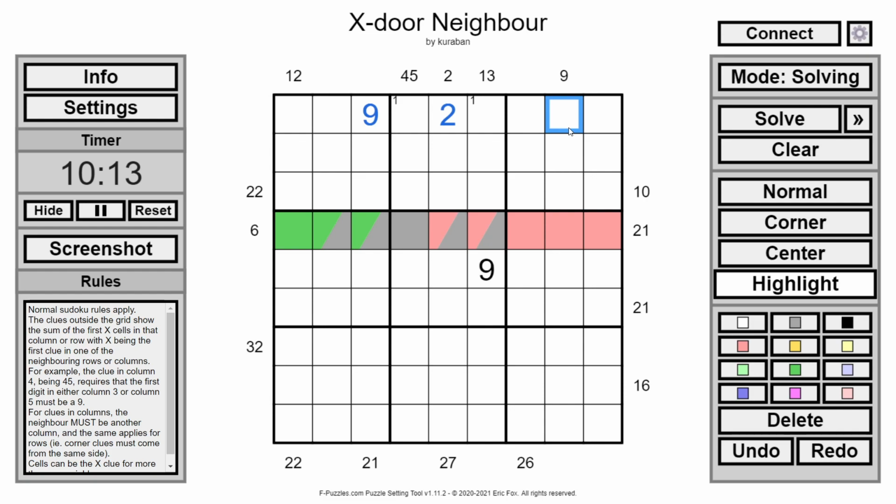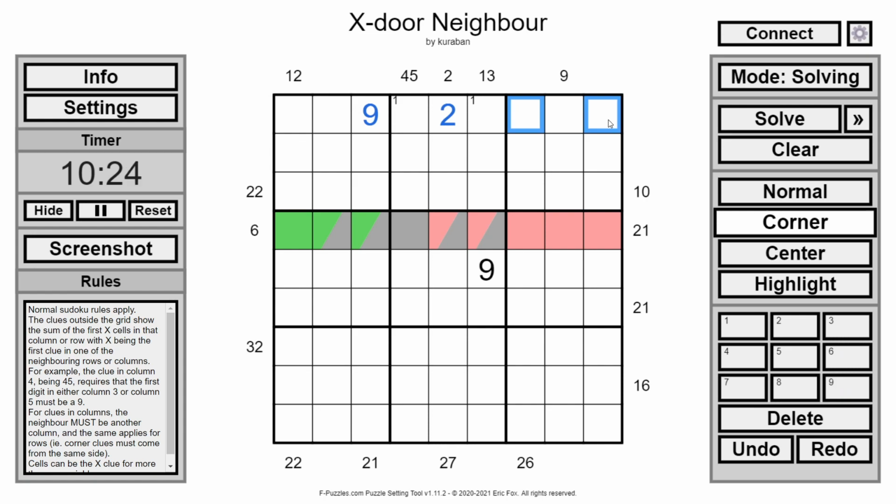Let's look at this 9 clue. I should have noticed this earlier with the 1s, 2s, and so yeah, we already have a 1 and 2 in row 1. Therefore, the neighbor clue for this is at least 3. And it's also at most 3, because we can't add up 4 digits and have them be 9, because the minimum we could put into 4 digits is 1, 2, 3, 4, which adds to 10.